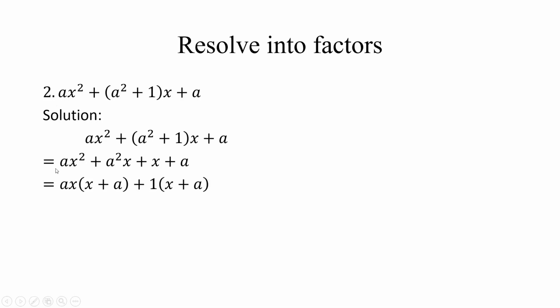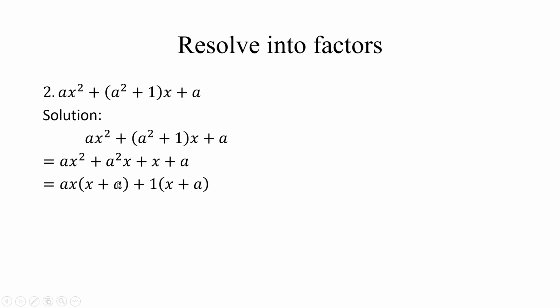Now take a common part from this second part, ax² + a²x, you will get ax common. Here ax is common, so take ax as common, you will get ax into (x + a), and from this part x + a, 1 is common, so I've written 1 into (x + a).